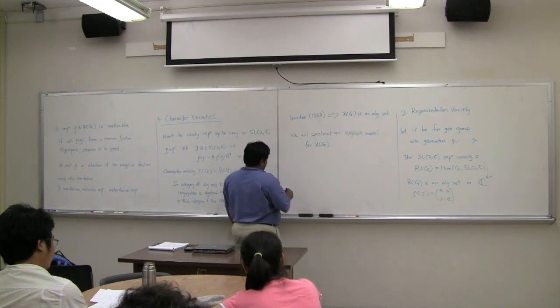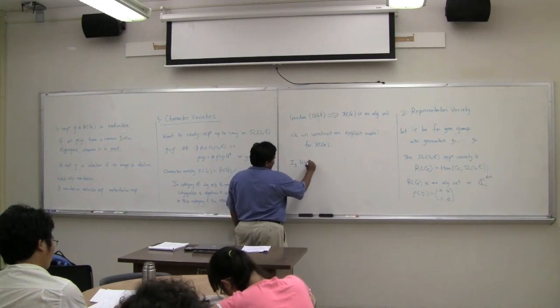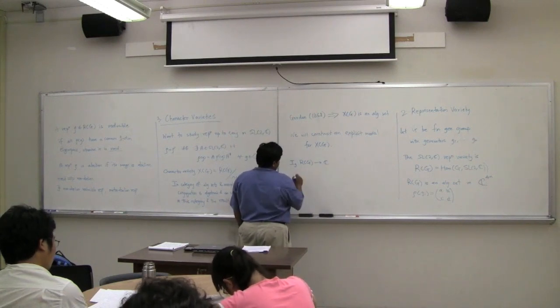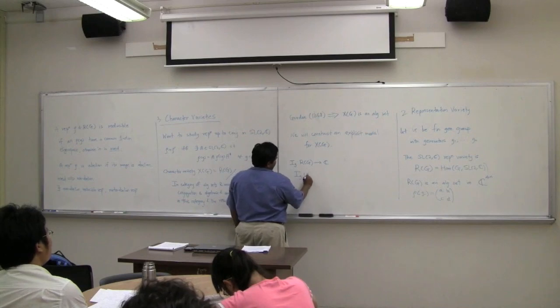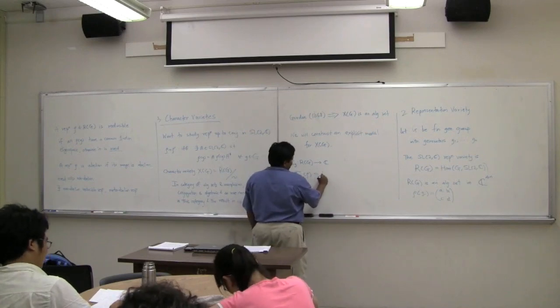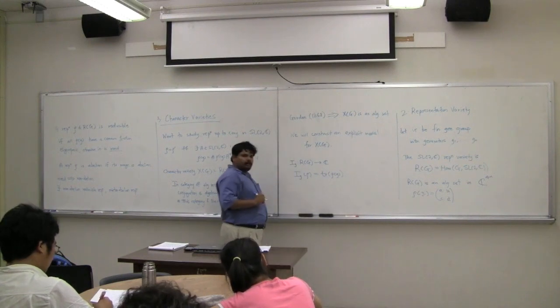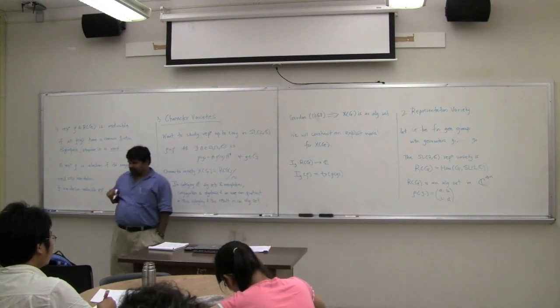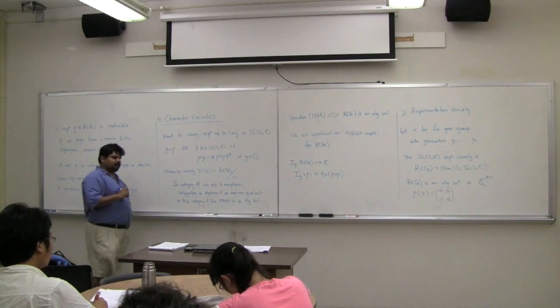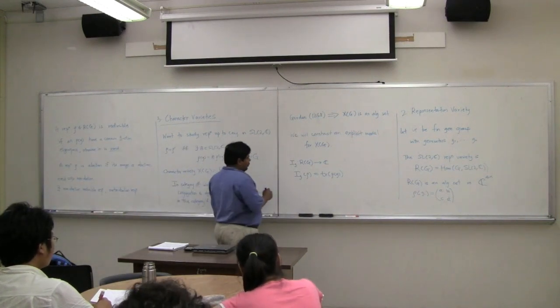So we look at the function I of g from R of G to C. I of g takes a representation rho to its trace. And this function is invariant under conjugation.